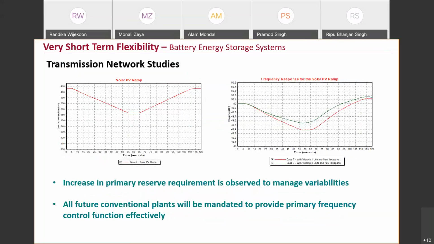right, now I'm moving into the final level. If you're looking at the short-term frequency stability, you can see that with severe VR variations, there is an increase in the primary reserve requirements observed in some of the studies we have been doing recently, and therefore the opportunities for battery storage systems to enhance this primary frequency response are also being investigated, as well as we recommend that all future conventional power plants mandatorily provide the primary frequency response.